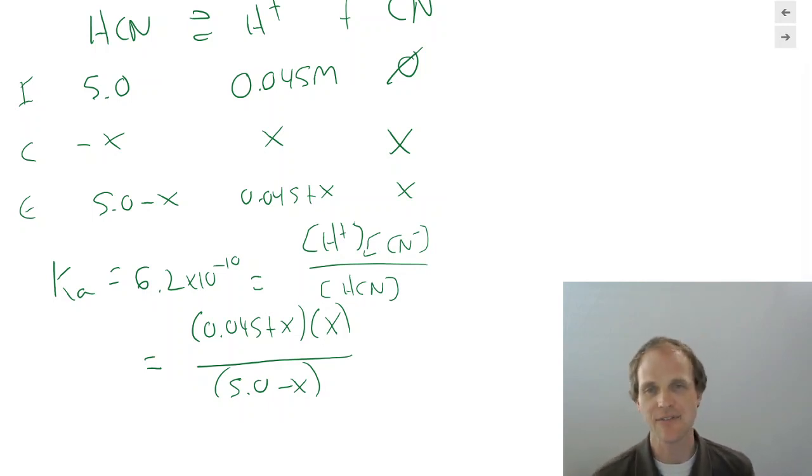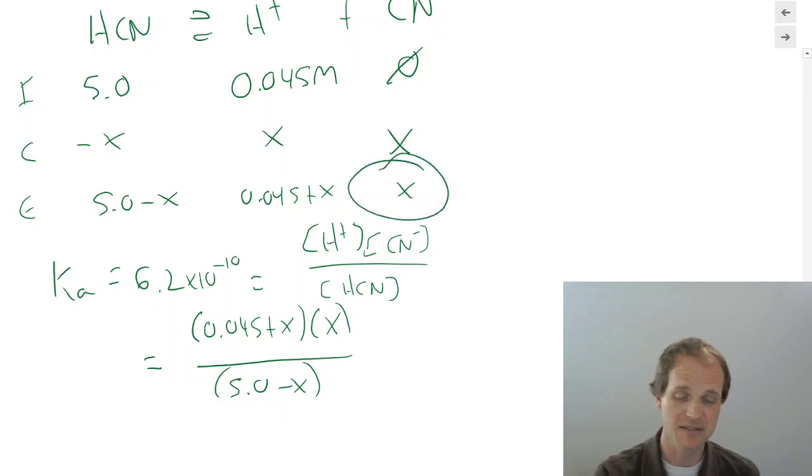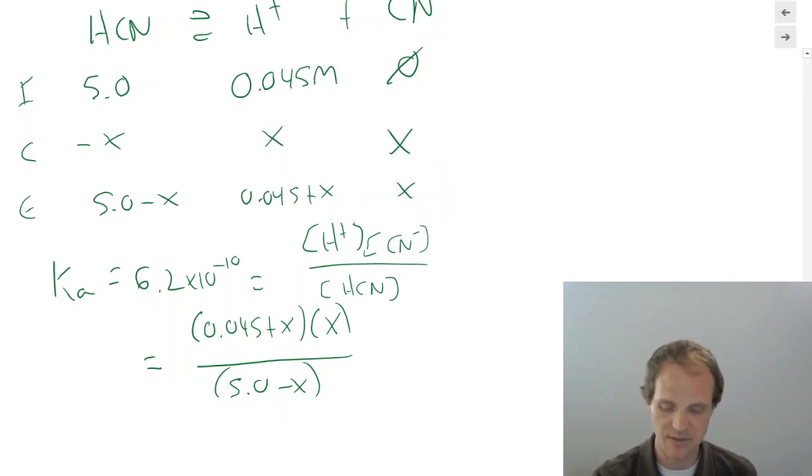Let's see if we can use the small x assumption. We're not sure, but you know that K is pretty small. And that K pretty small tells me that I'm probably not going to make much product, right? That's what a small K tells me. And my product is my x here. So let's just try it. Let's go ahead and use the small x assumption and see what we get.